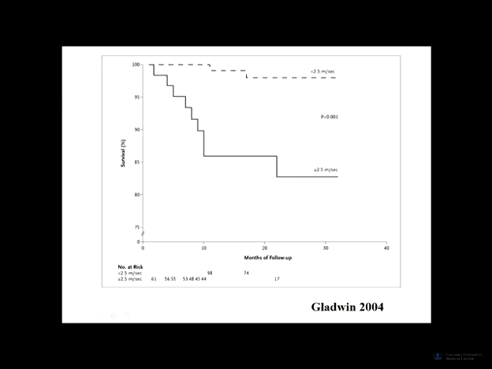So this was a study that was published in 2004 that looked at the amount of tricuspid regurgitation, so that if there was very little tricuspid regurgitation, these patients went on to have a pretty normal survival. Whereas sickle cell patients who had a significant amount of tricuspid regurgitation had a very poor survival over the next 3 years, indicating that pulmonary hypertension, as manifested by this tricuspid regurgitation, was a real problem in patients with sickle cell.